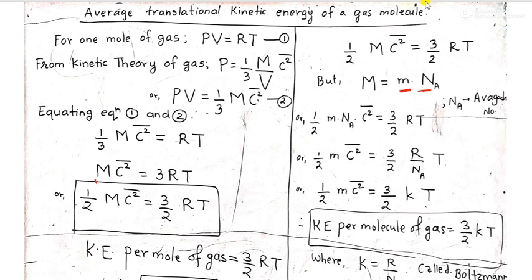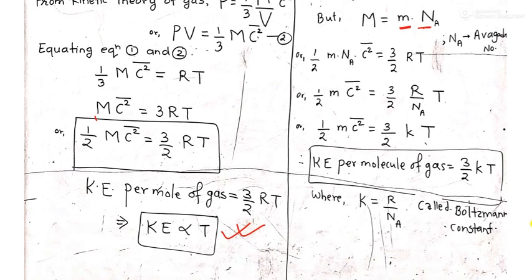So in 1 by 2 m c square, small m means the mass of one molecule, and c square bar means the mean square velocity. The mean square velocity is the same for each molecule. That's why 1 by 2 m c square bar is the kinetic energy for one molecule of the gas. Then the kinetic energy for one molecule of the gas is 3 by 2 KT, where K is the Boltzmann constant.